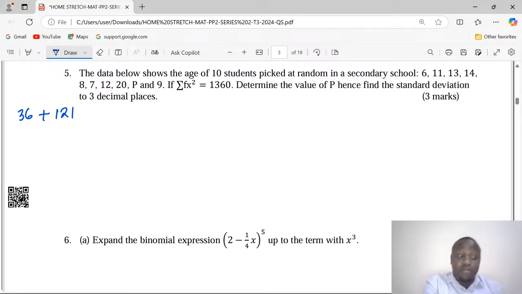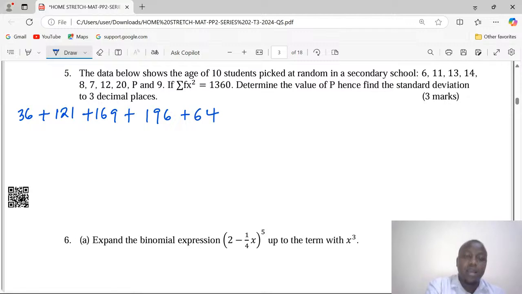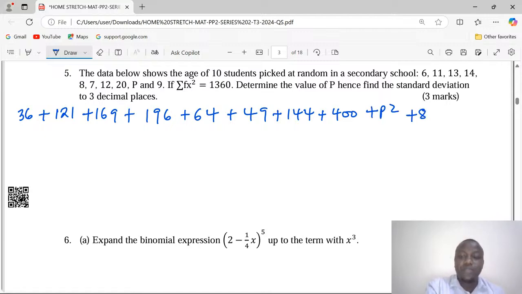We have to square all of them. 13 squared, which is 169, plus 14 squared, which is 196, plus 8 squared, 7 squared, 12 squared, 144, 20 squared, 400, p squared plus 9 squared, which is 81.